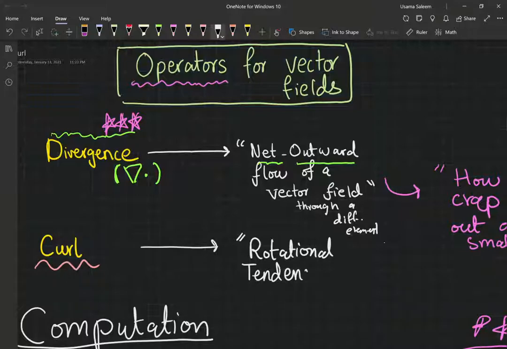So how much, to what degree is your flow trying to rotate? That's going to be mapped by the curl.